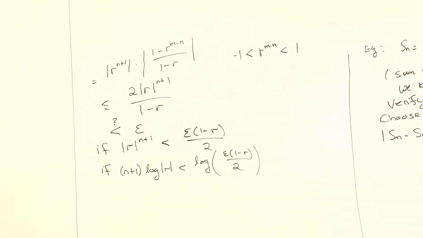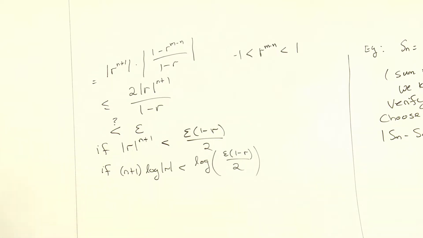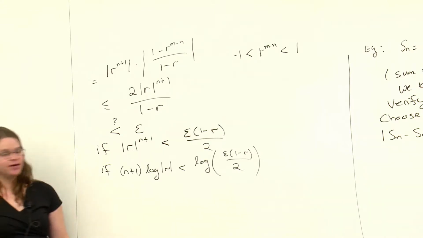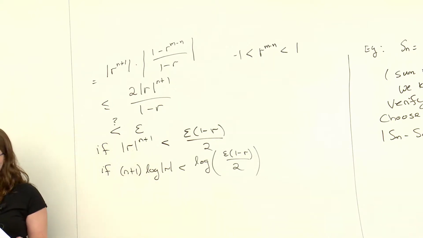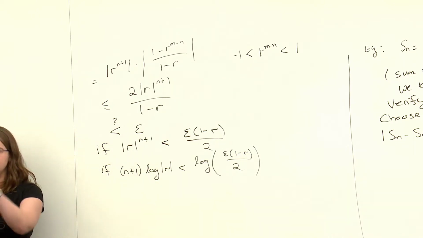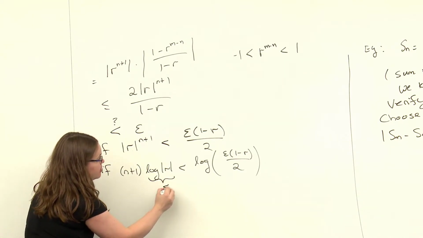So, okay, are you worried about the direction of the inequality? Log r is negative. That's important here, right? So r is less than 1 in magnitude, right? Log of 1 is 0. Log of something less than 1 is negative. That's important. This term is negative.